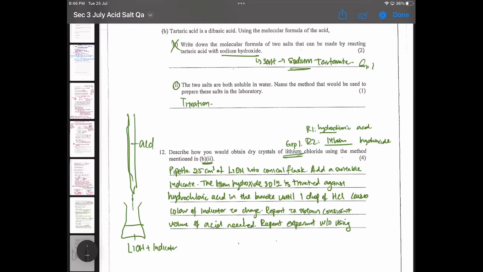Without the use of the indicator, and simply by adding the required volume of HCl.